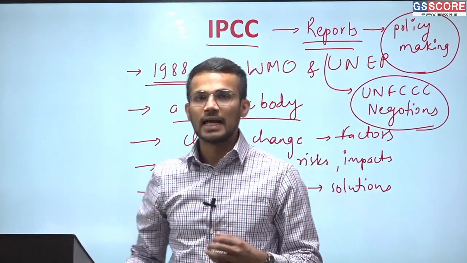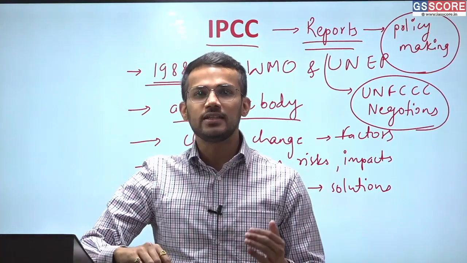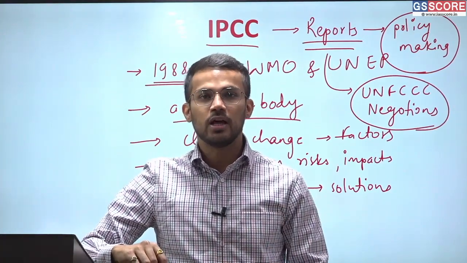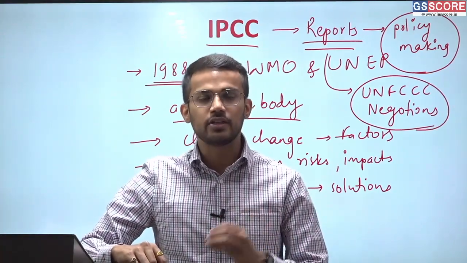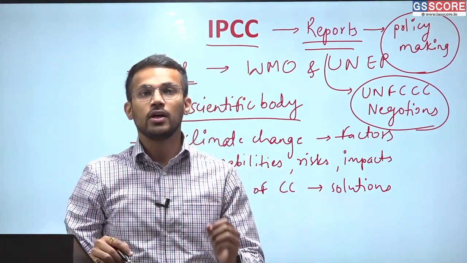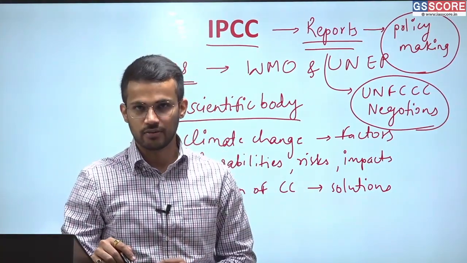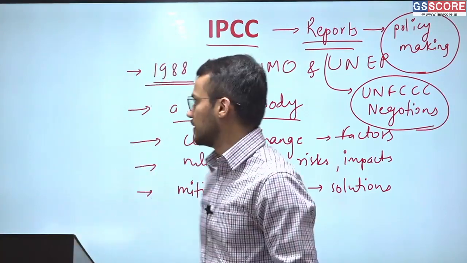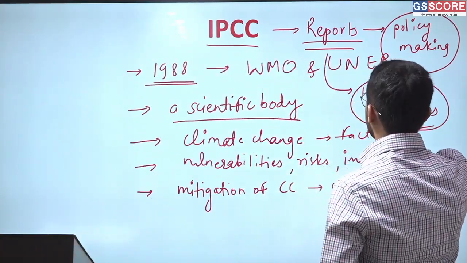For example, in 1995, IPCC gave its second assessment report, and that report helped the global community to come up with the Kyoto Protocol in 1997. So that is IPCC and its contribution.